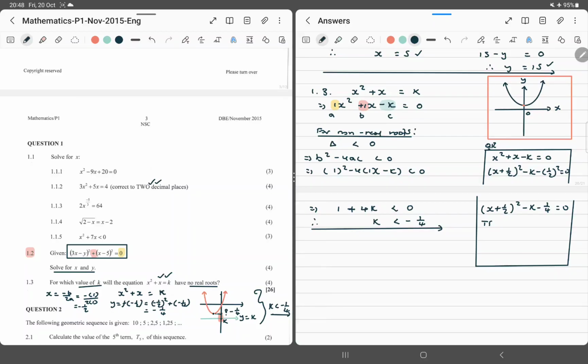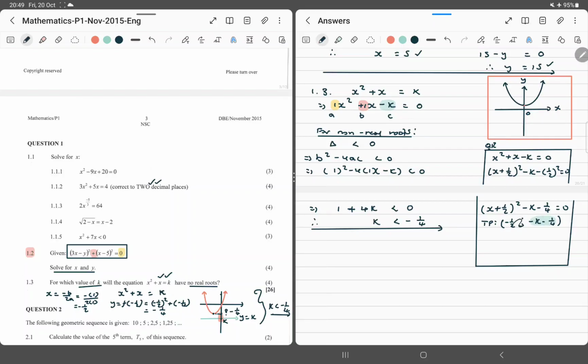Remember, the turning point, which is the minimum value that we're looking for, is going to be given by the negative sign of that, which is minus a half, and then the value minus k minus a quarter. So that is our turning point. So from completing the square, we learn what the minimum value would be, which is this one.